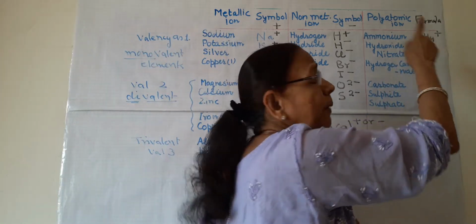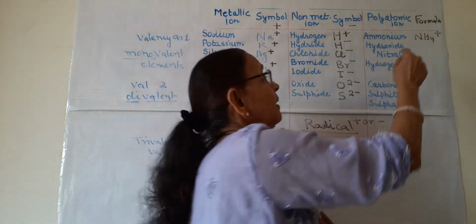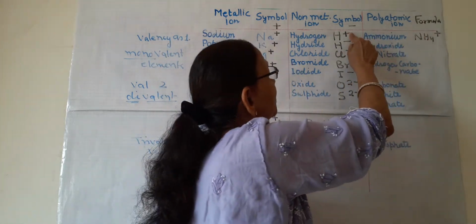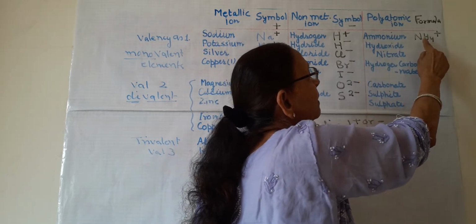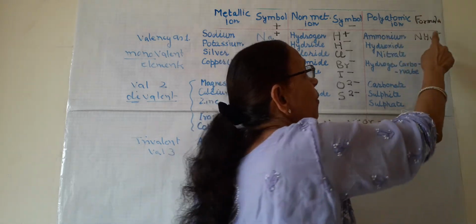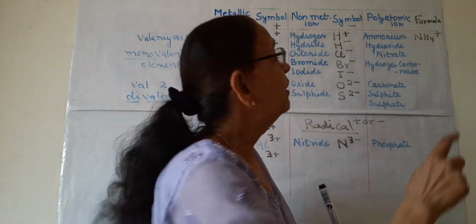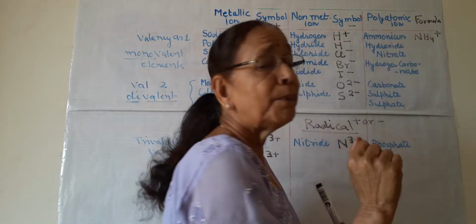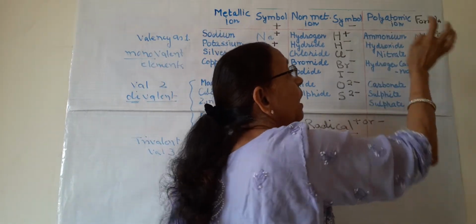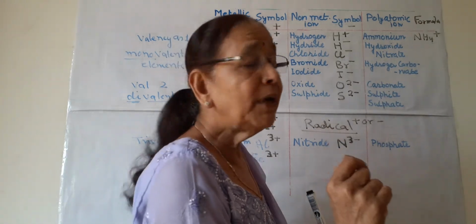Though it is formed by two non-metals, nitrogen and hydrogen, as hydrogen has plus charge, 4 hydrogen are there, nitrogen has 3, hydrogen has 4, so 1 plus is left. So out of this list, only ammonium has a plus charge.